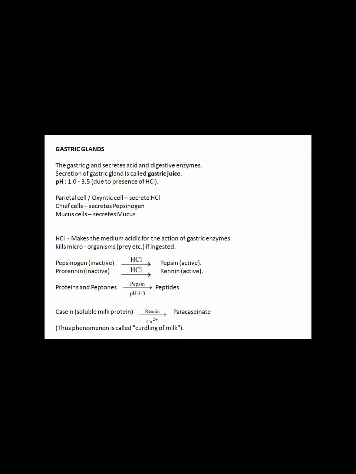Now this para-caseinate is actually the combination of milk protein plus calcium. Okay, so it is the combination of milk protein and calcium which is formed in the presence of renin enzyme. So this para-caseinate is more digestible as compared to the raw milk that babies ingest.